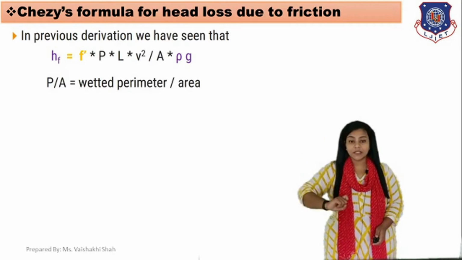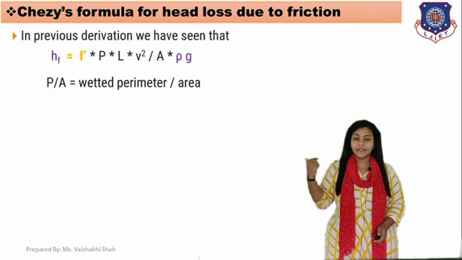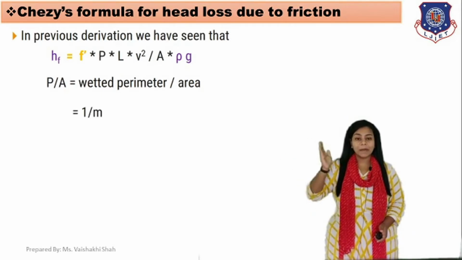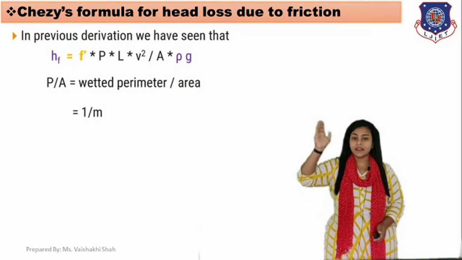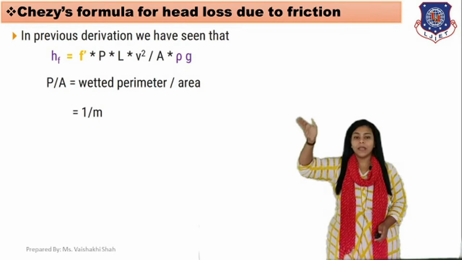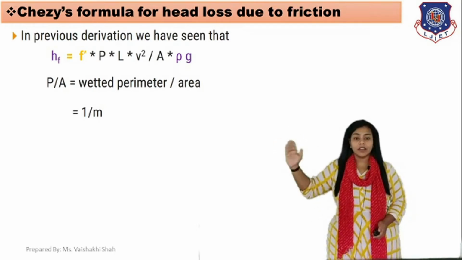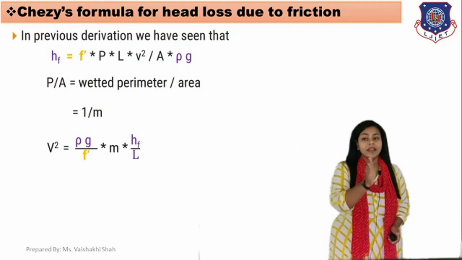Now we replace P, the perimeter of the pipe, and A, the area of the pipe. P divided by A we can write as 1 upon m, where m is the hydraulic mean depth.